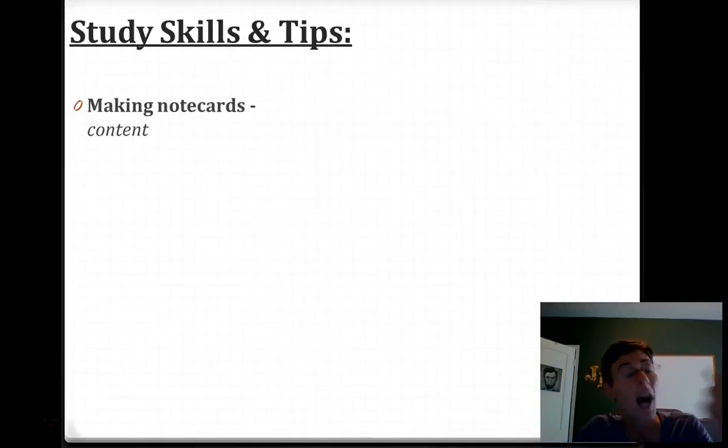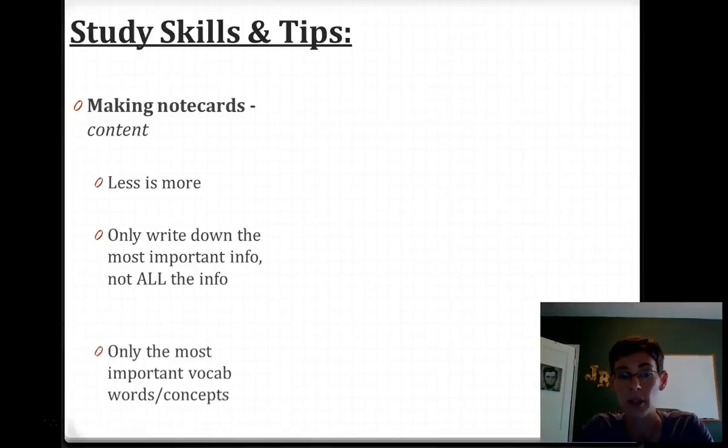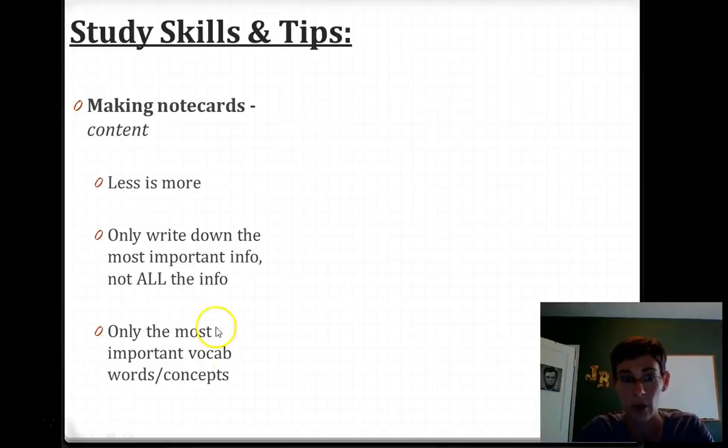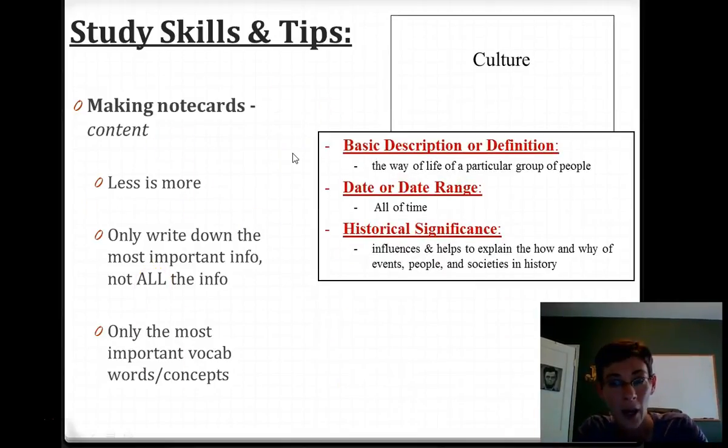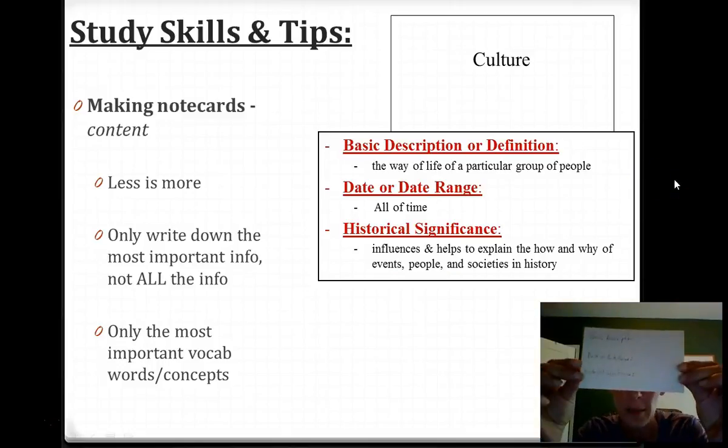Now, the content note cards get a little bit more complicated. Similar concepts follow over here on the left-hand side, as you saw on the previous slide. But what's different now is that we have a basic description or definition, a date or date range, and historical significance. If you look at this example, I've gone ahead and written that down for you.